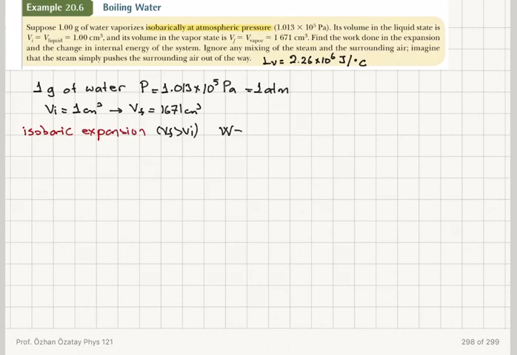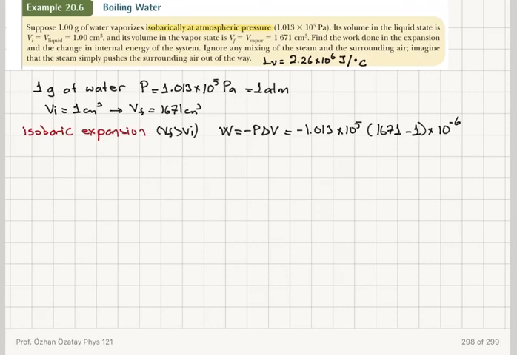So I find that the work done must be equal to minus P delta V. So this should be minus 1.013 × 10^5 times the final volume, 1671, minus the initial volume, 1 centimeter cube, converted to meter cube, which is 10^-6. That's the conversion factor to meter cube.